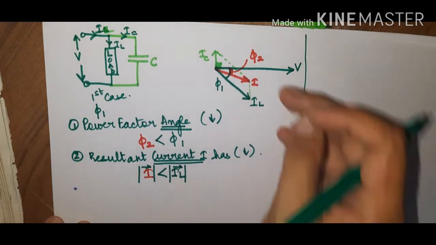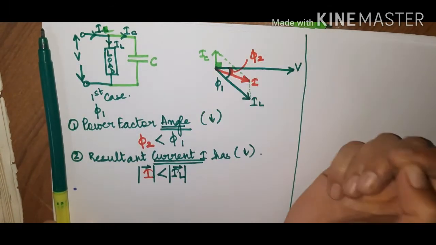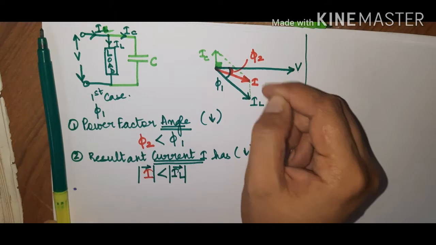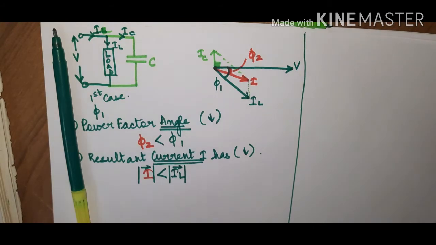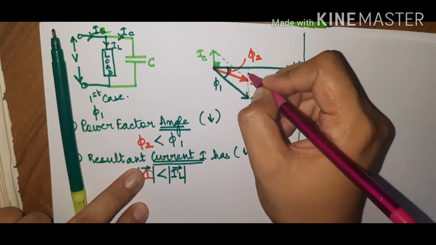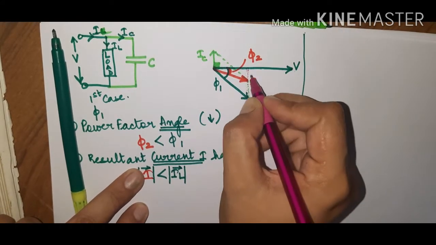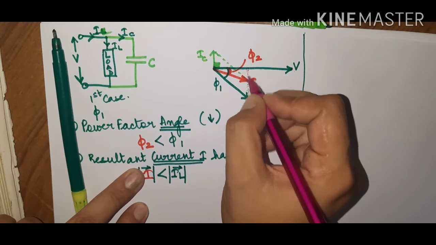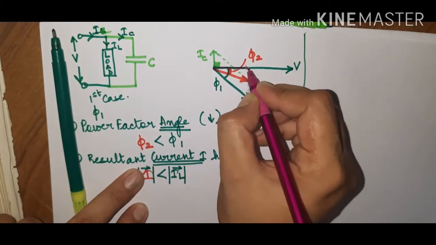Now if you resolve this current I into its horizontal component, as well as the current IL into its horizontal component, you can realize that both their horizontal components are the same in magnitude.